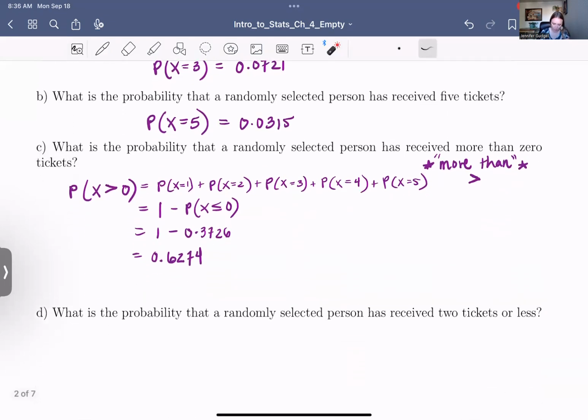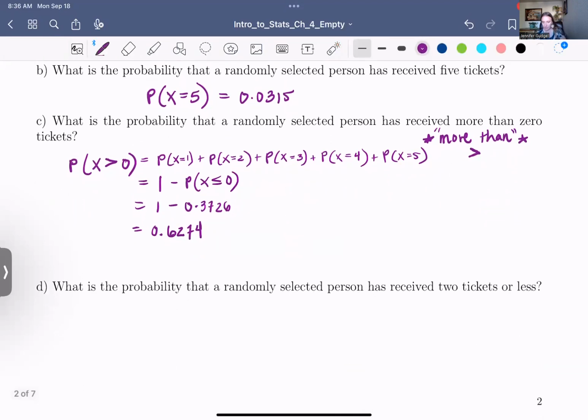Sorry, it's a little bit of a long one. We want the probability a randomly selected person has received 2 tickets or less. All right. Let's say number or less to keep it more generic. All right. Well, think about what this means. Could they have 2 tickets? That says 2 tickets or less.